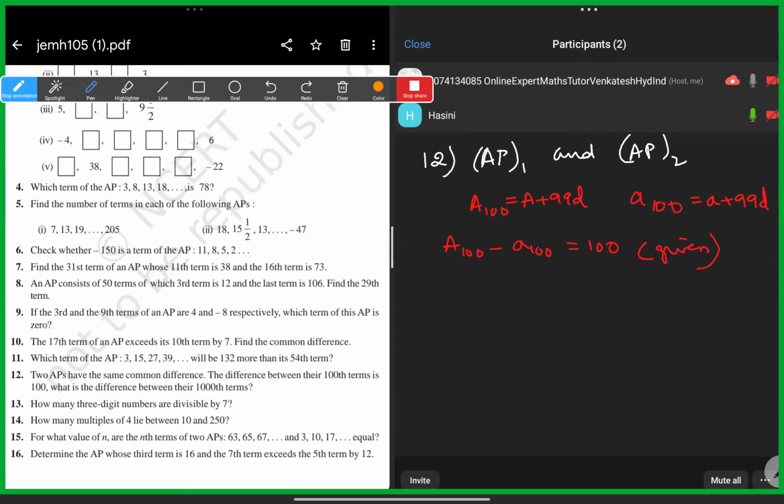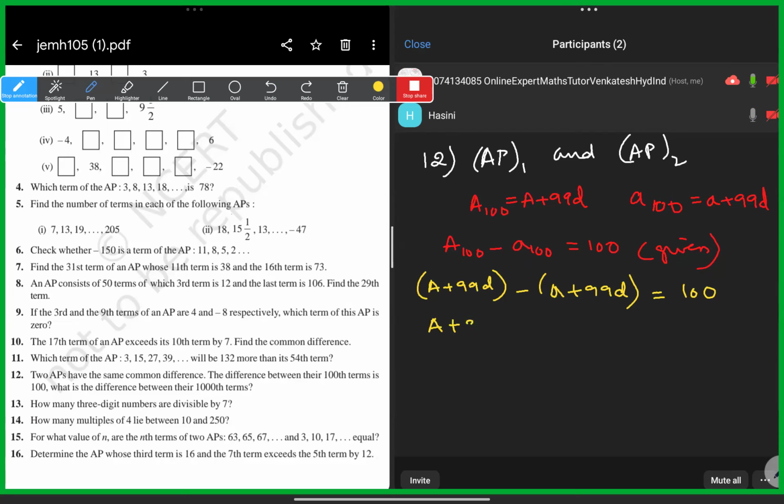So now what I am doing is A 100 means A plus 99 D, we already wrote it, minus small a plus 99 D is equal to 100. I am just substituting it. Now we'll open the brackets.